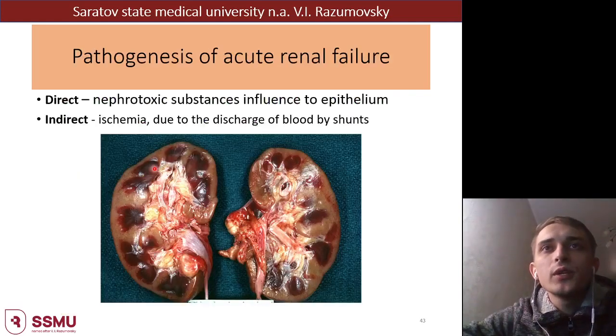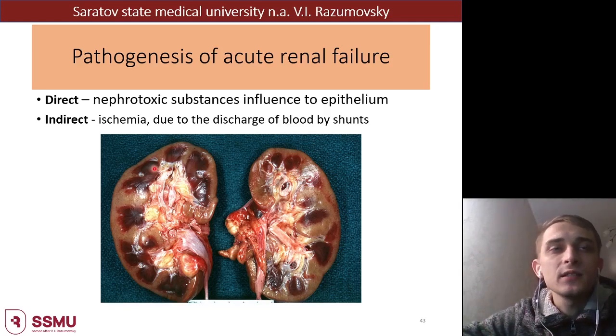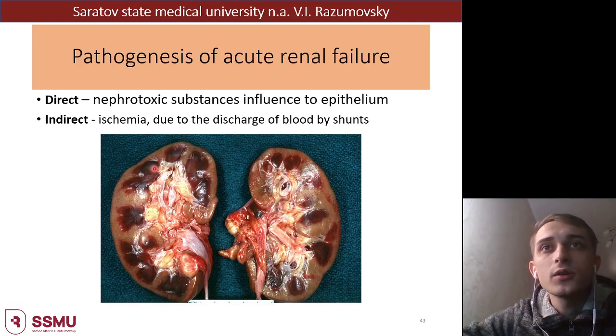Pathogenesis of acute renal failure may be direct and indirect, and I hope you remember it from our class about necrosis. Direct cause may be associated with nephrotoxic substances influencing the epithelium. For example, it may be some salts or some poisons which a patient gets with food or with water and so on.